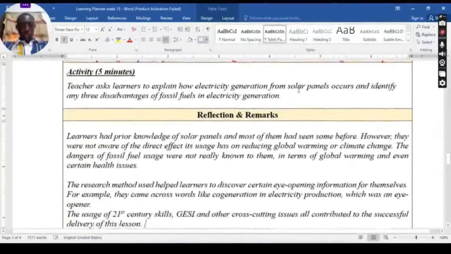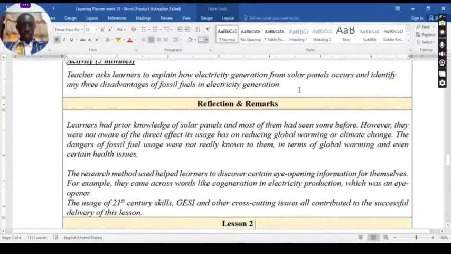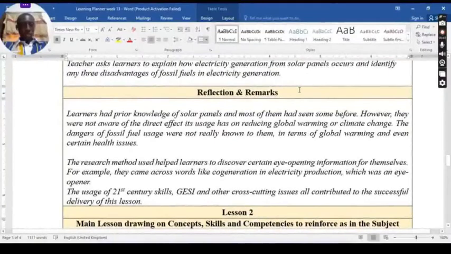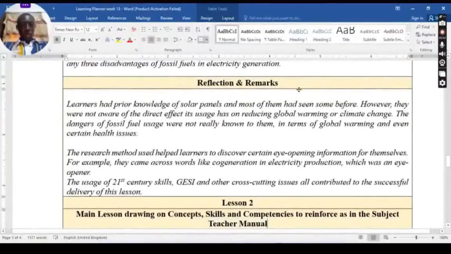Now, reflection and remarks. In the previous lesson notes, we had only remarks, but now reflection has been added to it. So what is the two? Reflection is your overall view of the lesson, before, during, and after. What went on, what transpired, the good, the bad, the ugly.